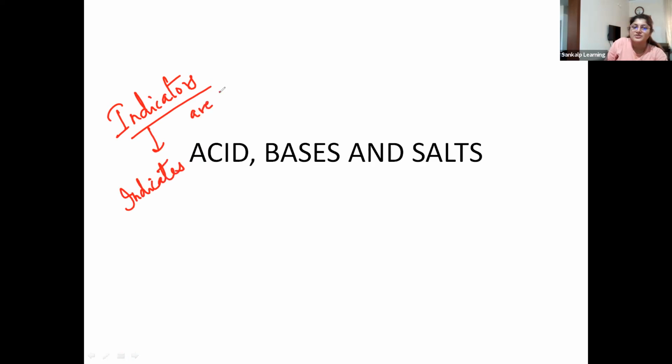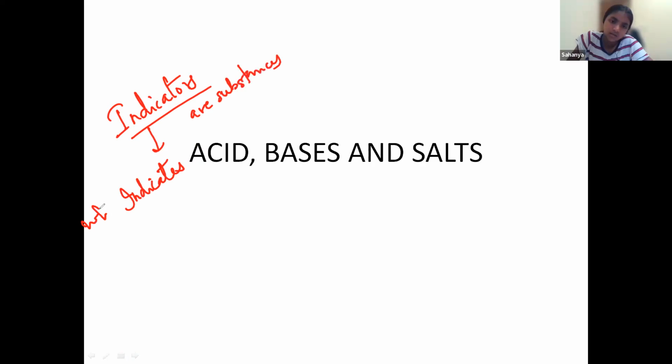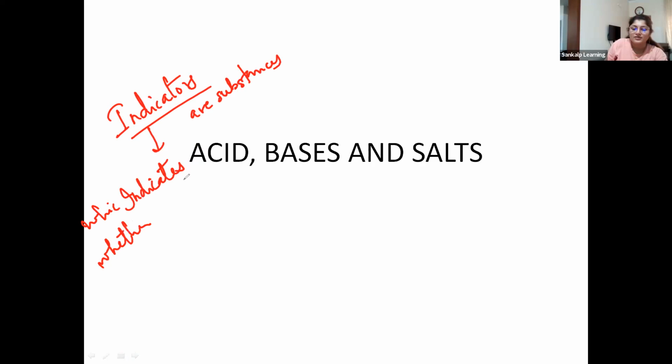Indicators are substances which indicate whether a substance is acidic or basic in nature.